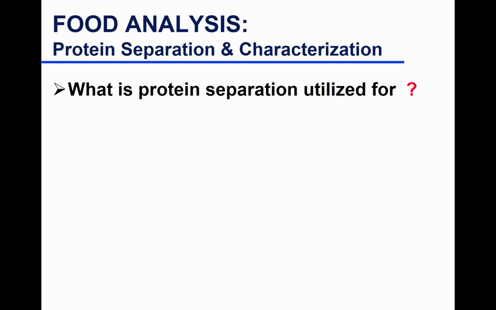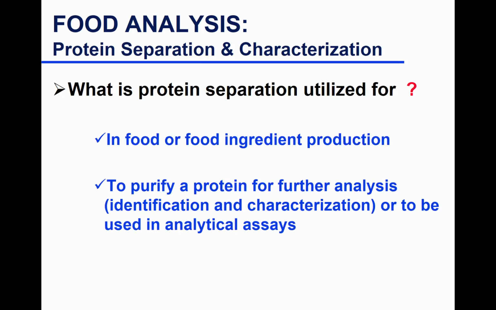Yes. What is a very important application that you didn't mention? Think industry. So before we make the foods, we make the isolates, right? We prepare protein isolates to be used as ingredients. So in food or food ingredient production, we isolate protein to use them as ingredients.